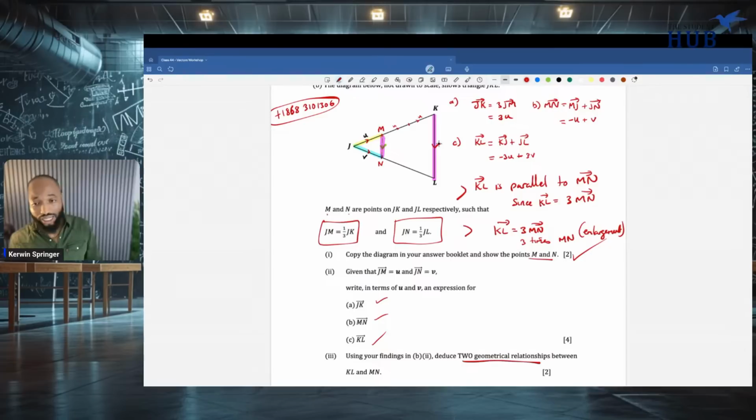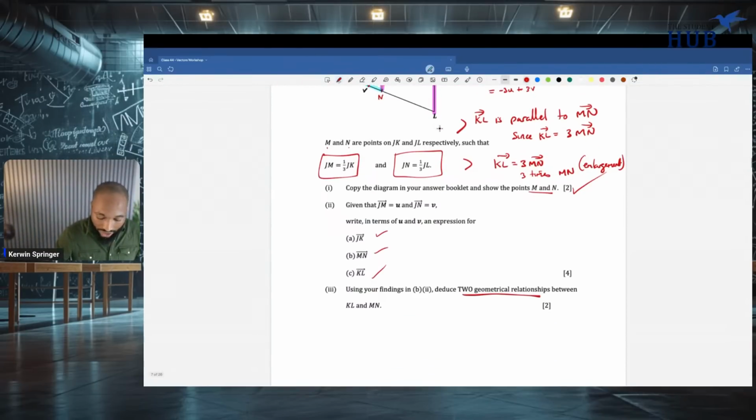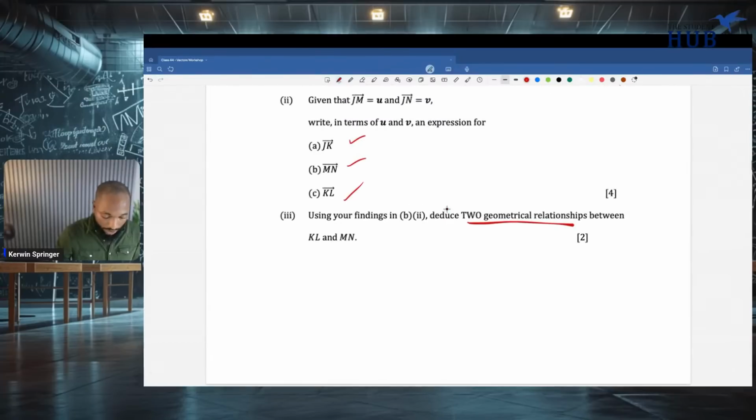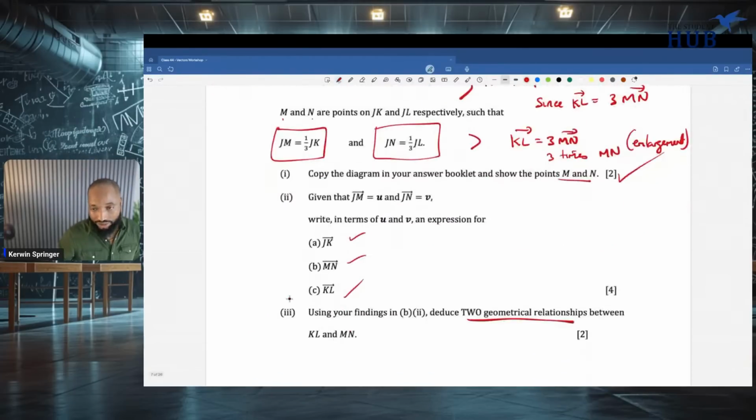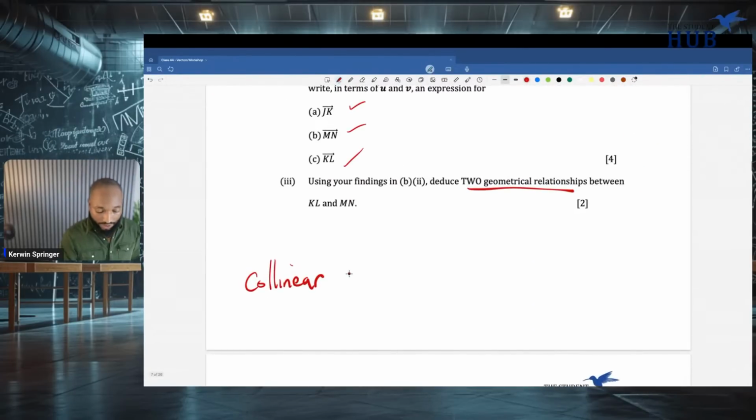There we go. I see some people say collinear. Chat, are MN and KL collinear? What does the word collinear mean? That word shows up in vectors as well. Ladies and gentlemen, these things are not collinear.